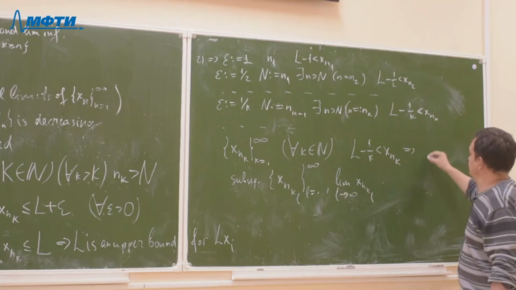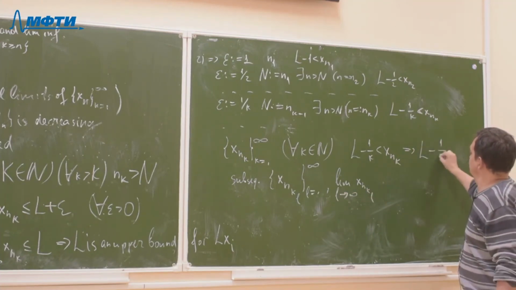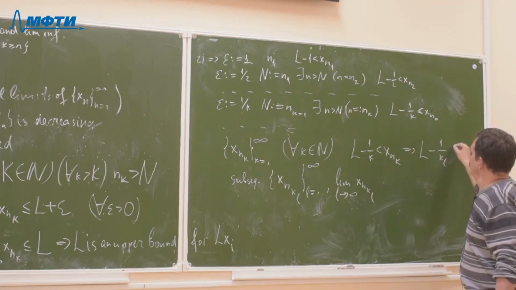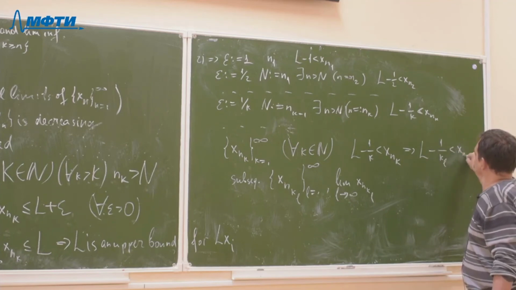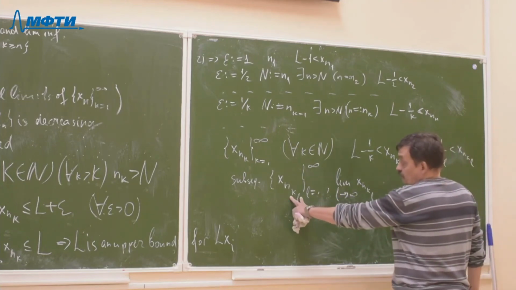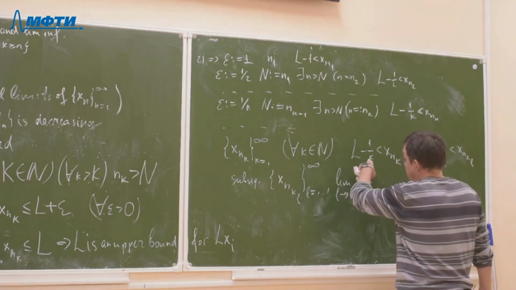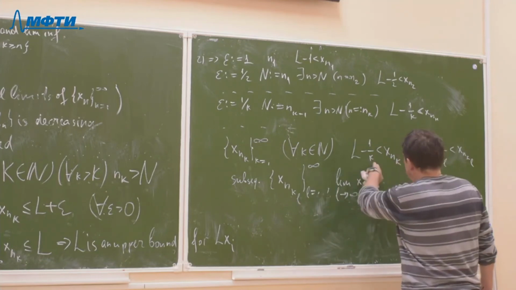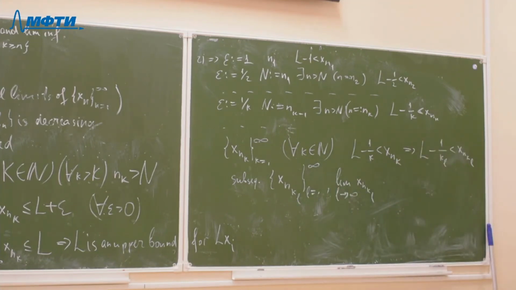For arbitrary l, L minus 1/k_l is less than x_{n_{k_l}}, because here we consider some subsequence, so also natural numbers. This inequality is valid.